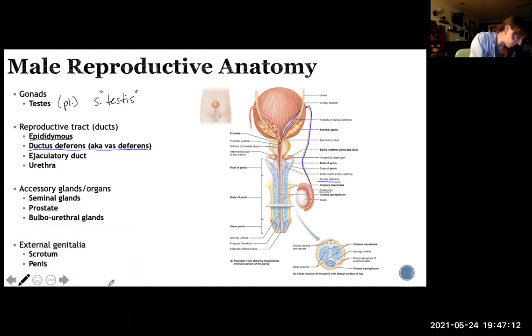We've got the ejaculatory duct, which is really just like from here to here, literally. So basically it's from where this gland, the seminal gland, enters into the vas deferens, where they are combined for a moment.